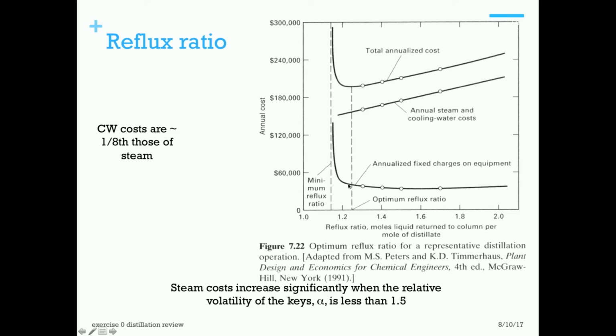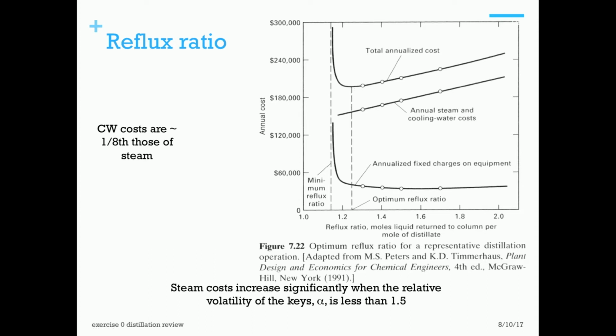Someplace down in here, like right about there, is the optimum reflux ratio because this is the minimum total annualized cost. As we increase the reflux ratio, the cost is going up because we are using more utilities. If we go the other direction, the cost goes up because we use much, much bigger equipment. Someplace down in here is where we would like to operate the column.